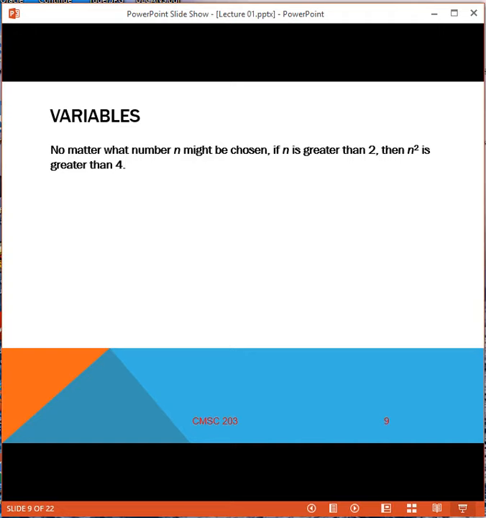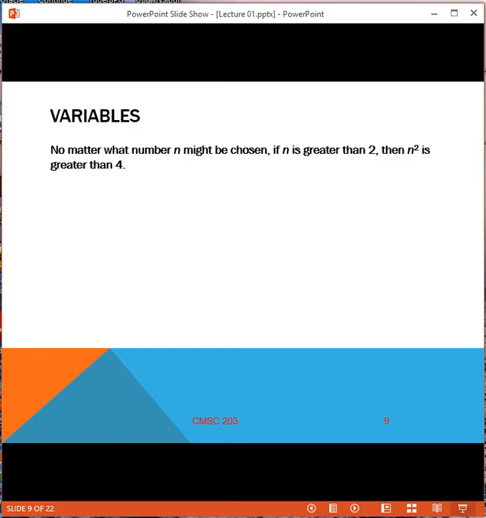So in this case, introducing a variable to give a temporary name to some arbitrary number you might choose enables you to maintain the generality of the statement, and also allows you to replace all instances of the word "it" by the name of the variable, and that way you avoid ambiguity.